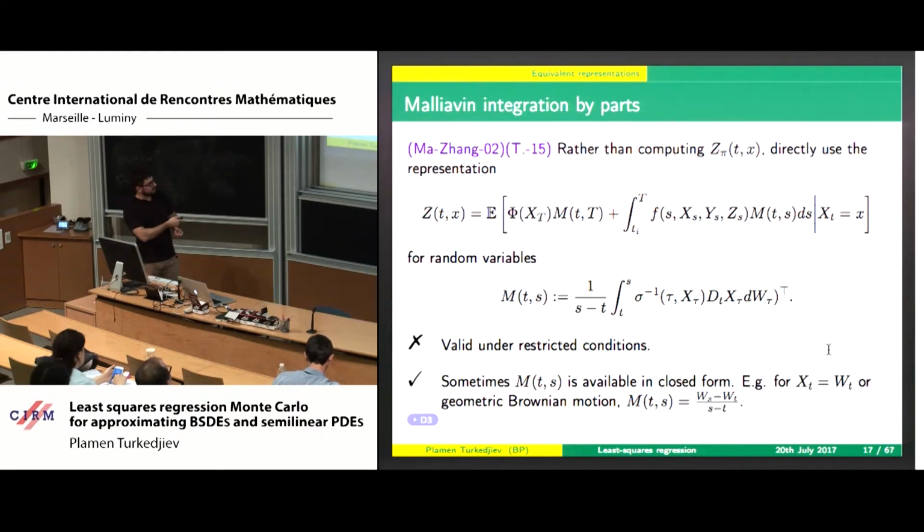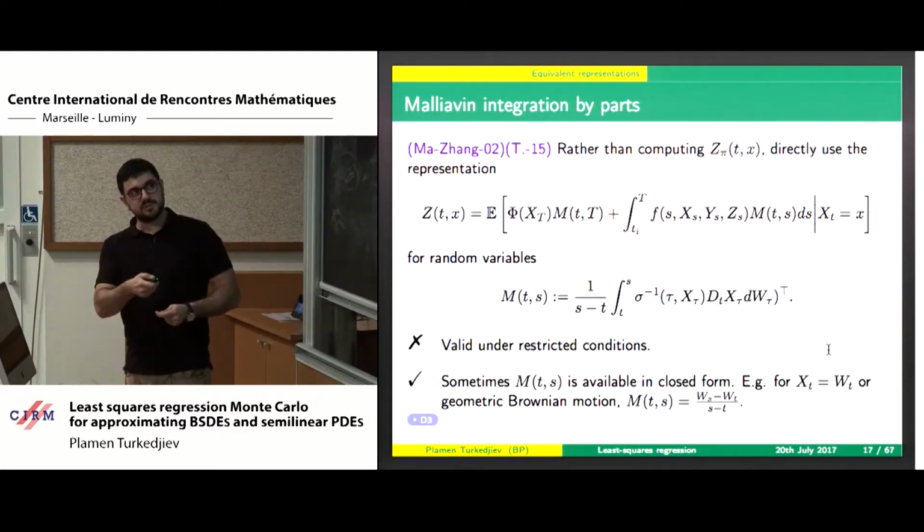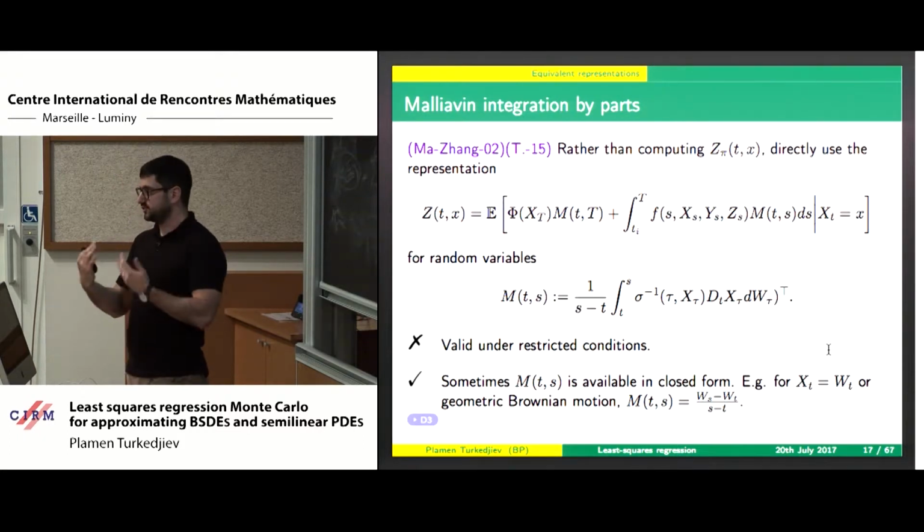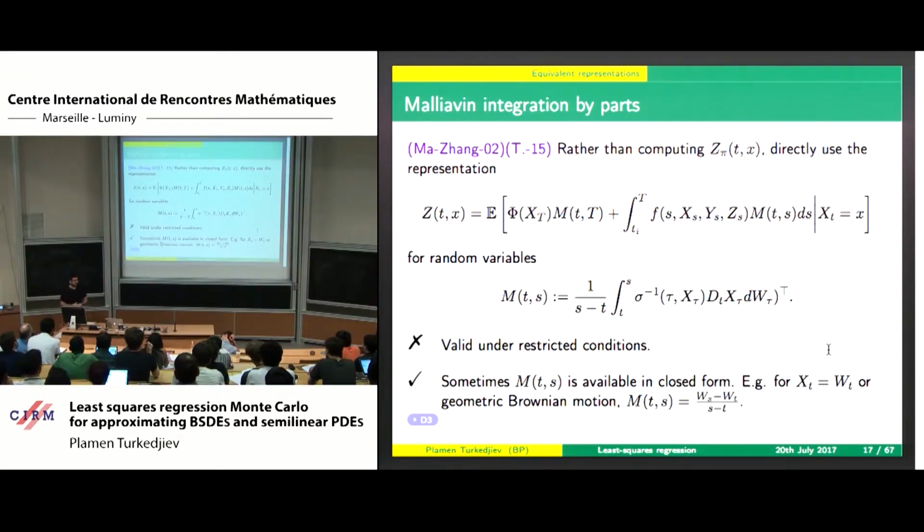Unfortunately, we also have to approximate this term, which involves this Malyavin derivative here, which is generally a matrix process, so it's quite tricky to compute. But for some simpler models like Brownian motion and geometric Brownian motion, we actually have the Malyavin weights in closed form. So that's quite useful.